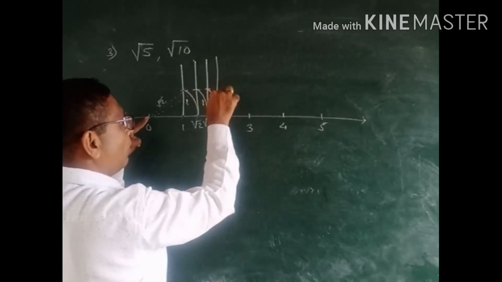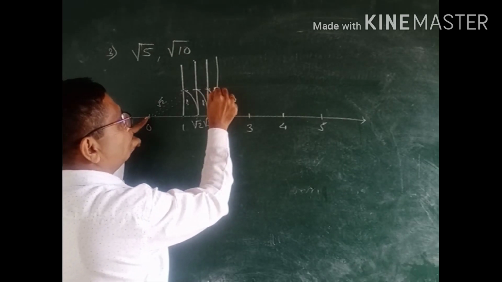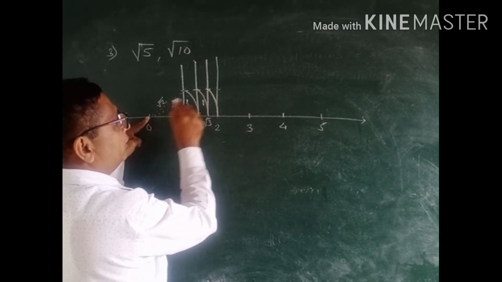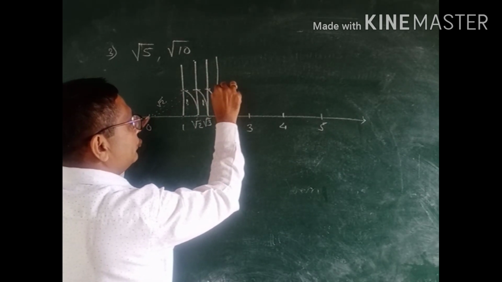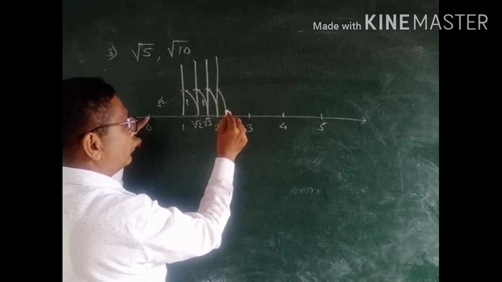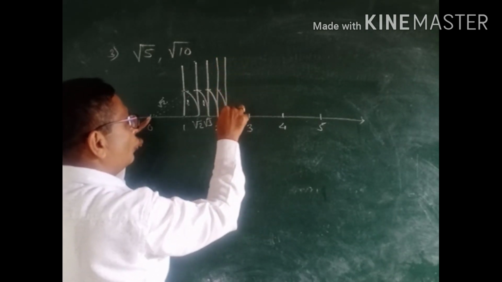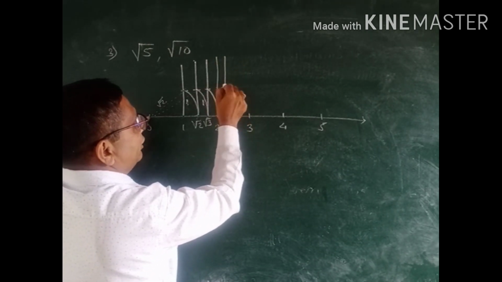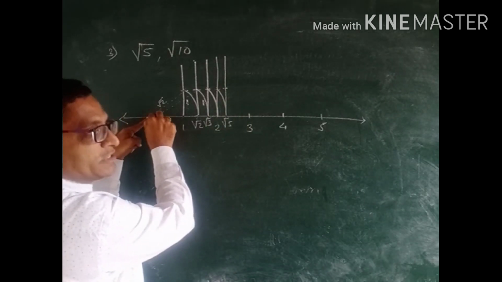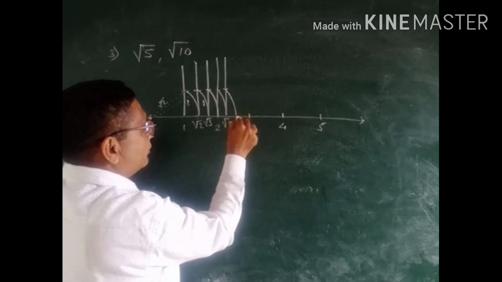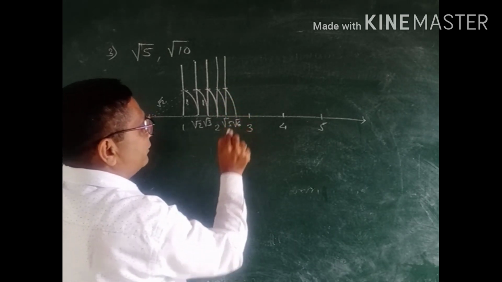Again draw a perpendicular here, take 1 unit distance, put your steel point here, pencil point of the compass here and draw an arc. This becomes under root 5. Again draw the same way, take 1 unit distance, and draw an arc; this you will get under root 6.